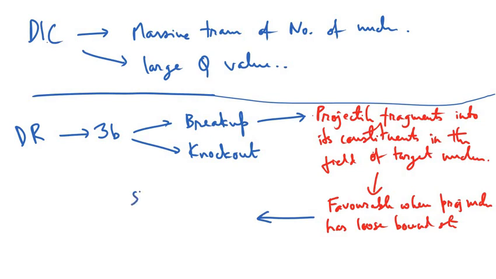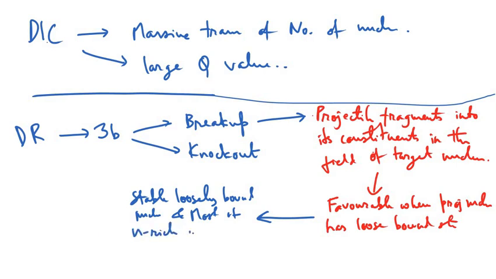So basically, stable loosely bound nuclei and most of neutron rich radioactive nuclei are the ones where such type of projectile breakup occurs. When I am saying breakup, remember this is basically a projectile breakup reaction. Okay.